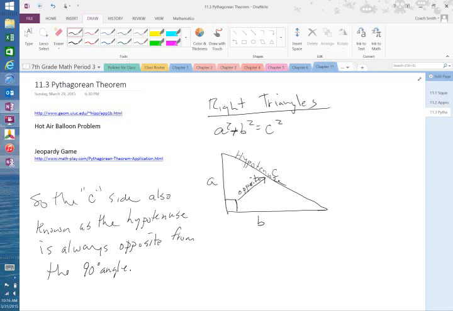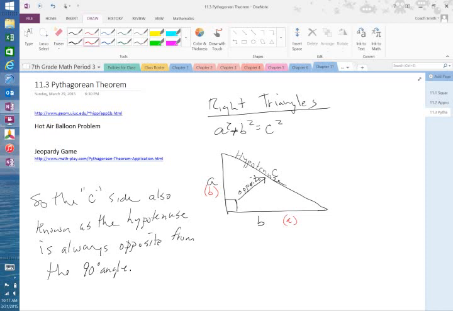Now, the A and B doesn't matter. I can make either one of the other sides, what they call the legs of the triangle, A or B. So this here could be A, and this could be B. Doesn't matter, because they're both on the same side of the Pythagorean theorem.